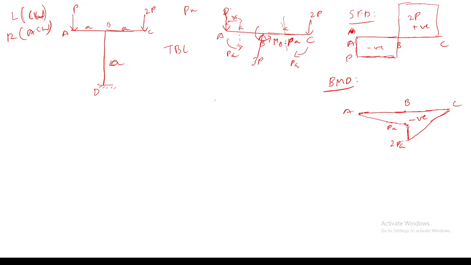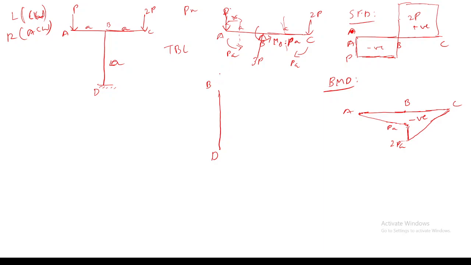Now let's come to the member BD. How will this 3P act as a shear load for member BD? First, you need to invert the direction of this load 3P.